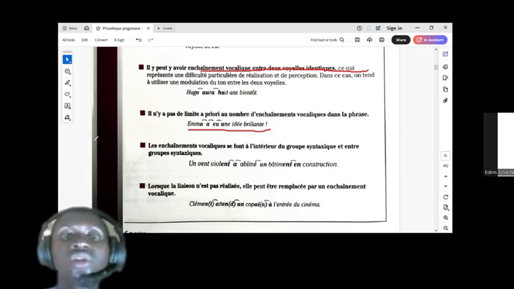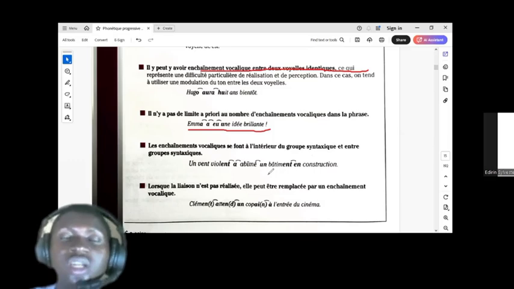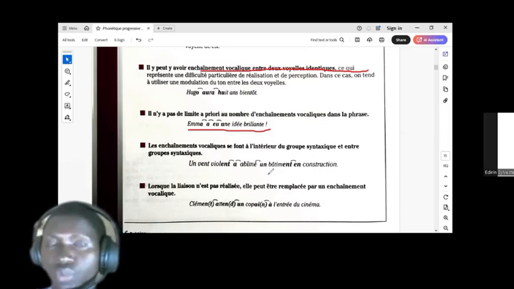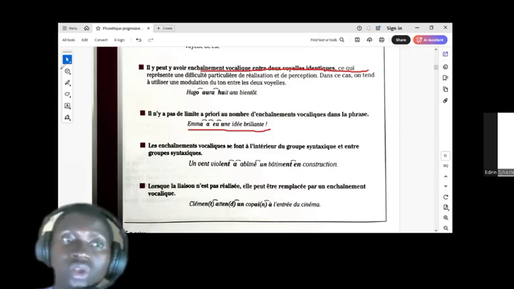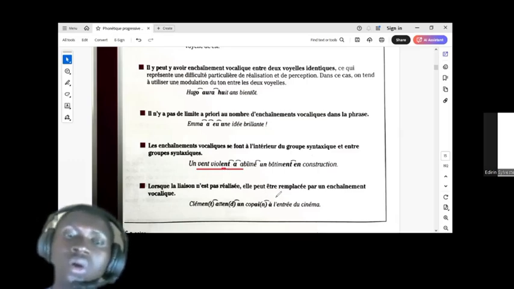You can also have l'enchaînement generally in the middle of a word when the last consonant is not pronounced in French, and then the enchaînement vocalique can also take place in that particular situation. Take, for example, these words now. You have un vent violent a. The word there is vent, V-E-N-T, violent.